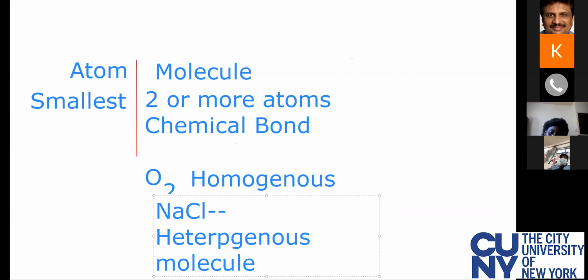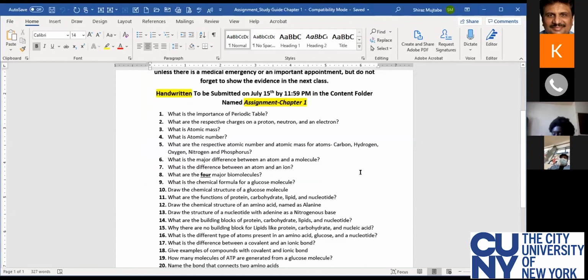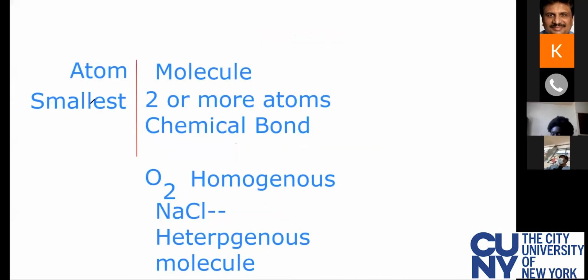So let's look, that's atom and a molecule. Question number 7, what is the difference between an atom and an ion? I mentioned this earlier, but I'll just say again, two things can happen to an atom.